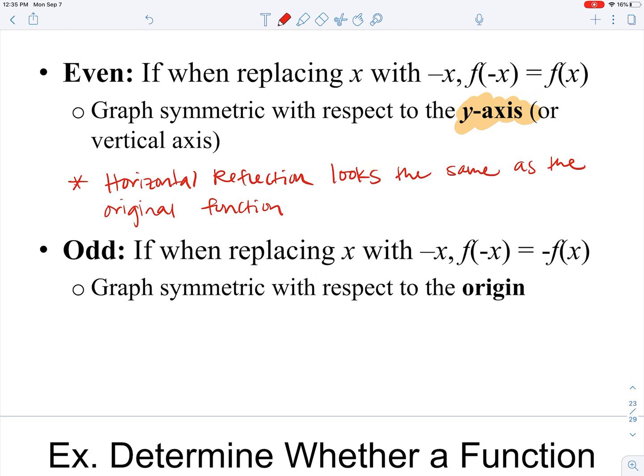So we refer to that as being symmetric about the origin. And I always had a hard time visualizing what it means for a graph to be symmetric about the origin. What it means is that a horizontal reflection would look the same as a vertical reflection. Or if you thought about applying a horizontal and a vertical reflection, then you would end up with the original function graph.